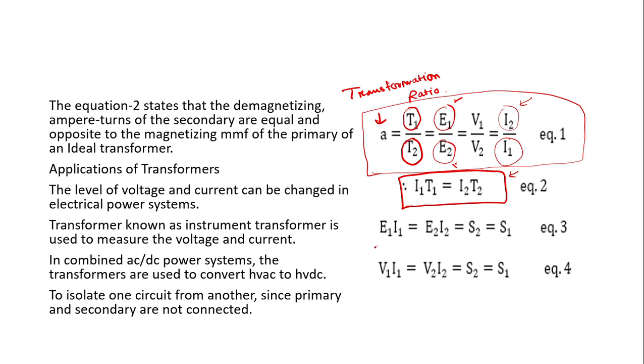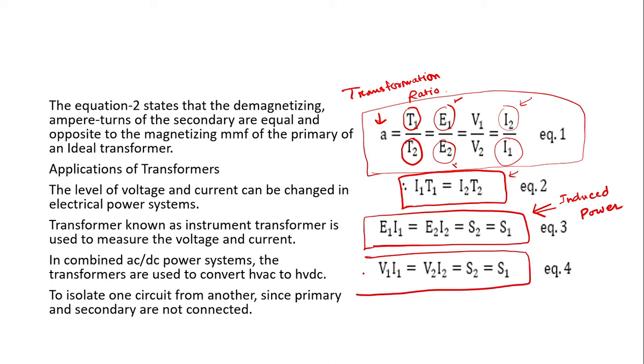Now here is the power equation for the induced voltage. So if there is an induced voltage and an induced current, there must be an induced power, right? This is the equation for induced power, and this is the equation for the input and the output power.